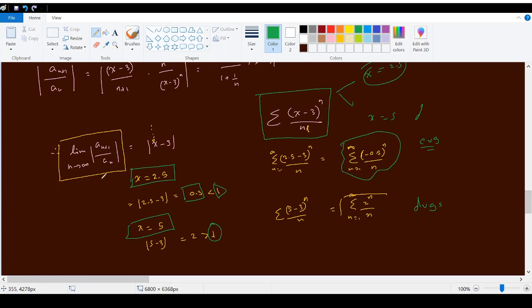So this is the key idea that we are going to investigate more in the coming videos. We have to carefully find out for what values of x it converges and for what values of x it diverges.